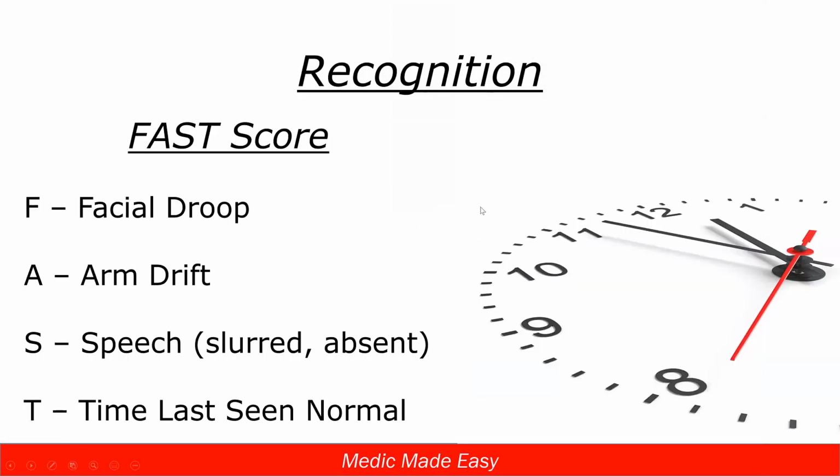So what we evaluate on is the FAST score, or the Cincinnati Pre-Hospital Stroke Scale. Most commonly, it's the three categories of facial droop, arm drift, and speech issues that we're looking at. FAST is the acronym. Facial droop is just, if you look at them, one side of their face droops down and is weaker.